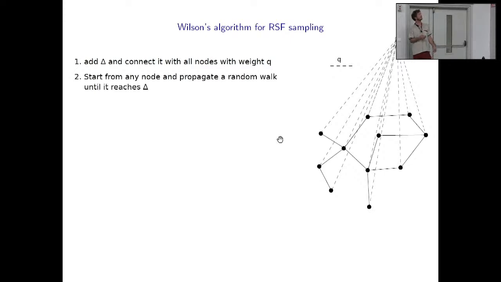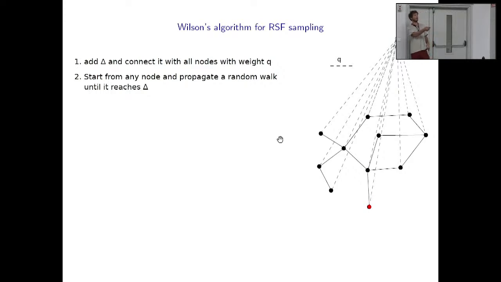Then you start from any node, and you propagate a random walk until it reaches delta. When I say random walk, when I arrive somewhere, for instance, I have some probability to go to this neighbor and some probability to go to that neighbor, proportional to the weights. This is a very natural notion of random walk.